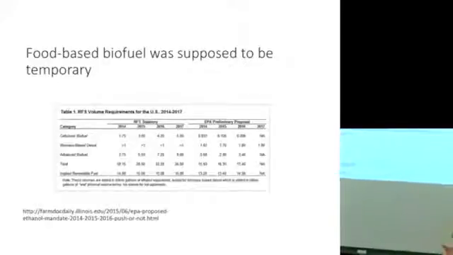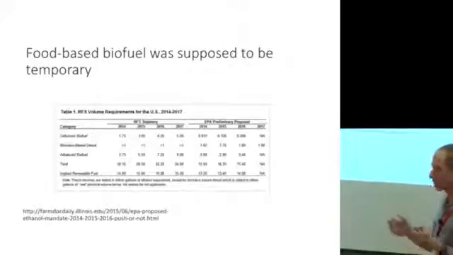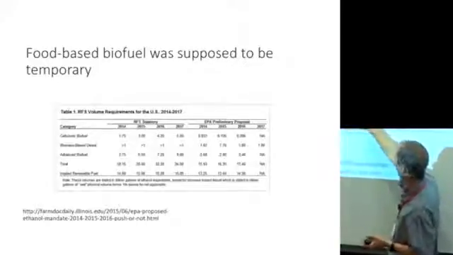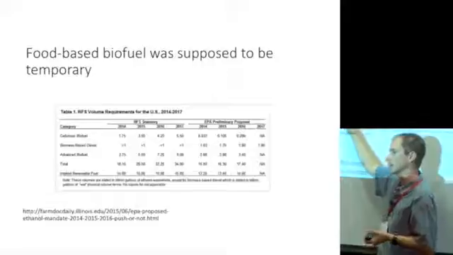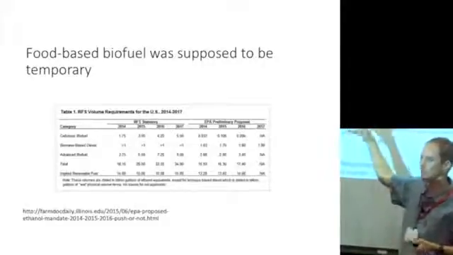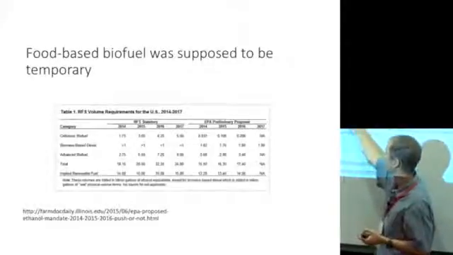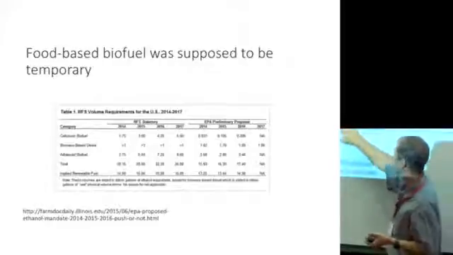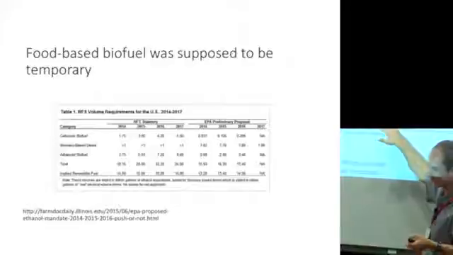They could be grown on all sorts of marginal lands, it was thought. That was supposed to be ramping up. Also advanced biofuels, things like sugarcane ethanol, which is much more greenhouse gas beneficial, and things like sorghum-based ethanol were supposed to be ramping up. And corn was basically supposed to be flatlining and even declining.